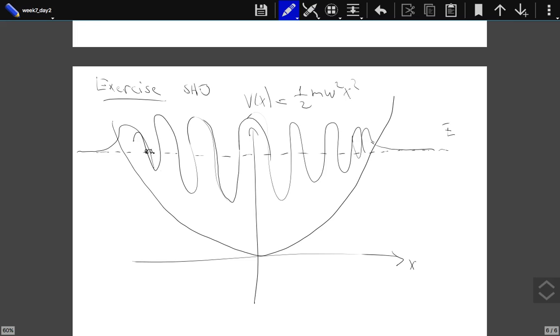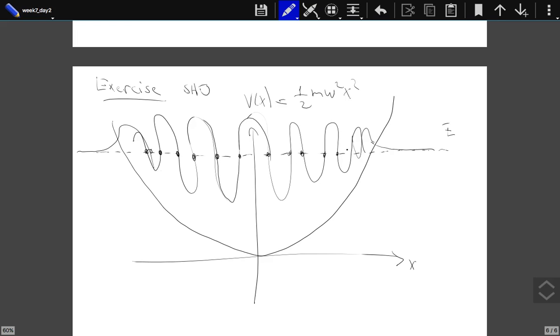And in fact, these are what we call the nodes, the number of times it crosses the psi equals 0 line. The number of nodes is equal to the excitation level. So the ground state doesn't have any nodes. Basically, it cannot oscillate. It has this somewhat Gaussian-like shape. The first excited state has a single node. The second excited state has 2 nodes.